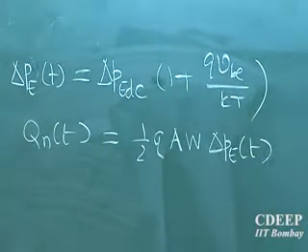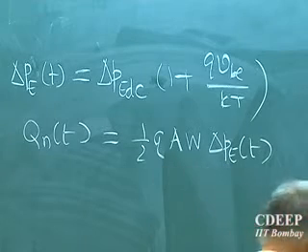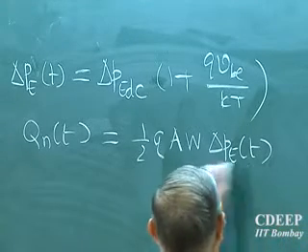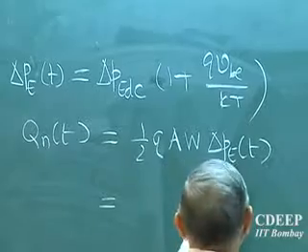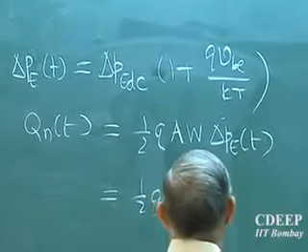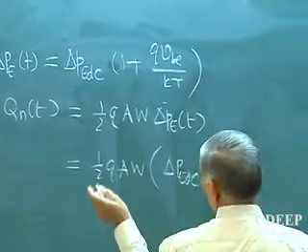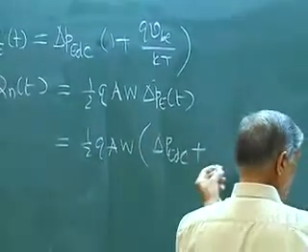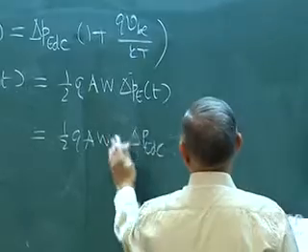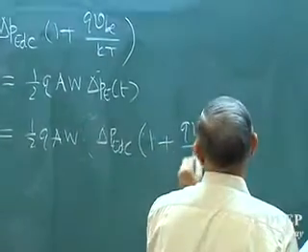Is that correct? Now if I know how this varies, I can replace it: this is half QAW delta PEDC plus QVB, whatever I have written, into 1 plus QVB by KT.